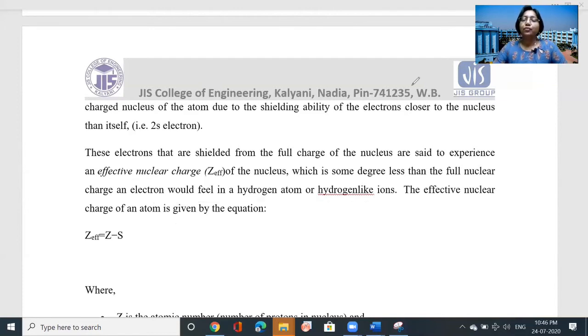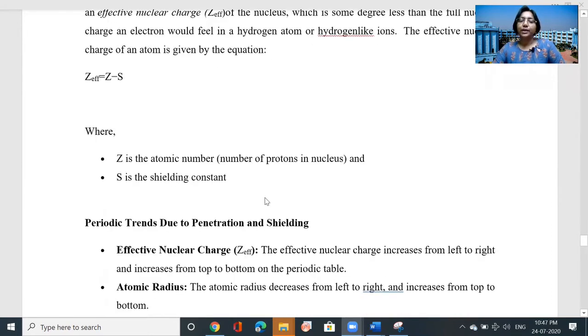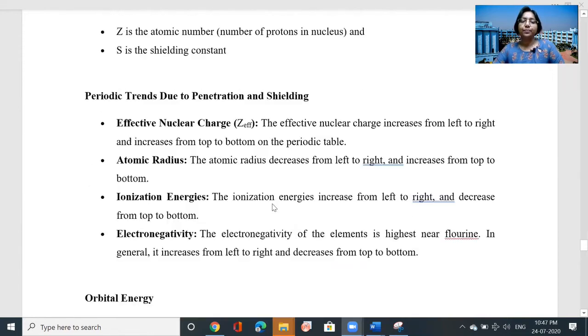So it will get the effect of the full charge of the nucleus. So you know how to calculate the Z effective, that is equal to Z minus S. Z is the atomic number, the number of protons in the nucleus, and S is the shielding constant.